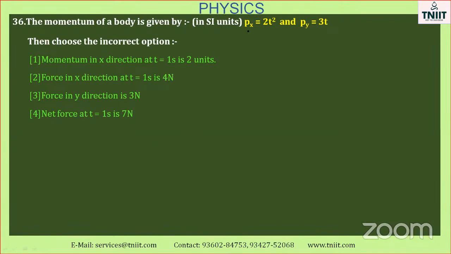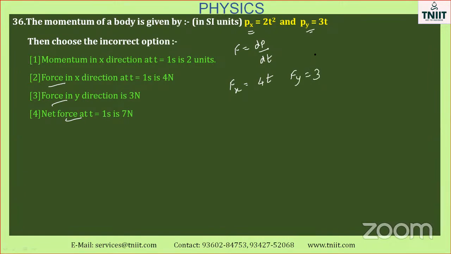This is the momentum in the x-axis, and this is the momentum in the y-axis. All these things they are talking in terms of force. So I will take what is the force. You know that force is rate of change of momentum. So what is the force acting along the x-axis? 4. What is the force along the y-axis? 3.